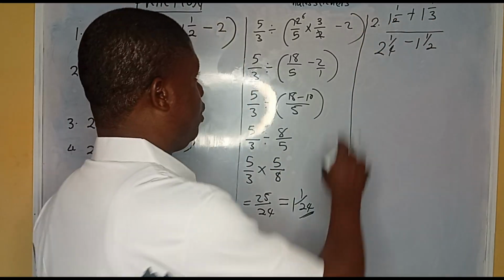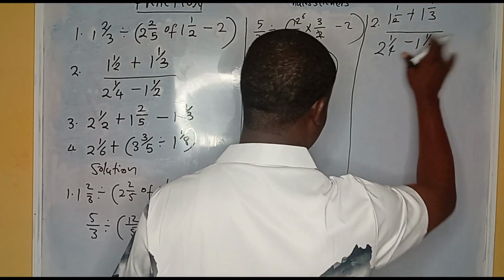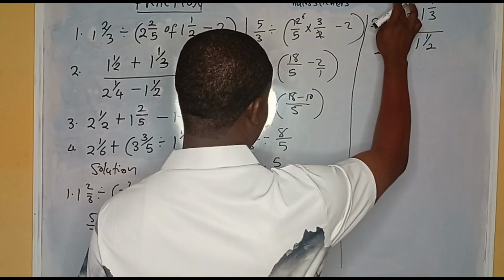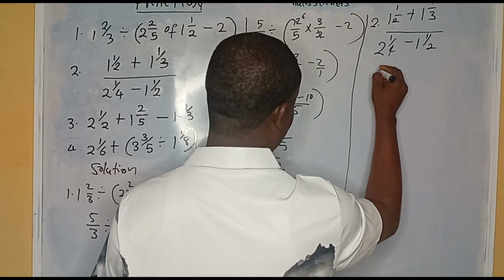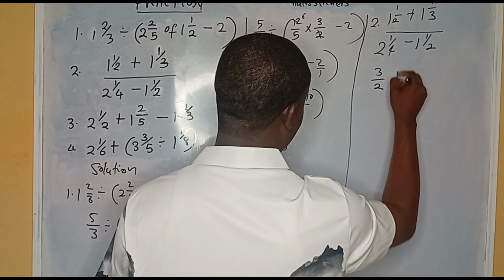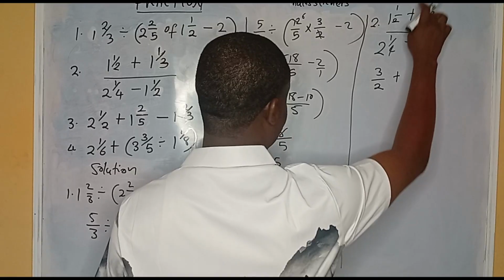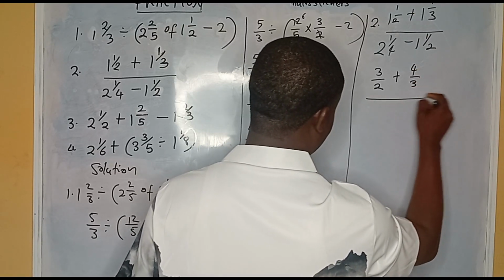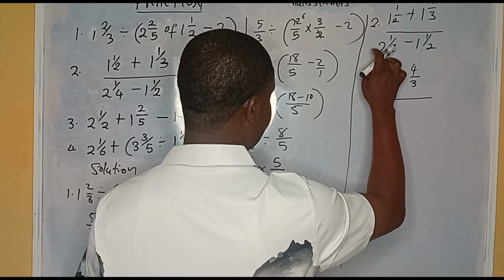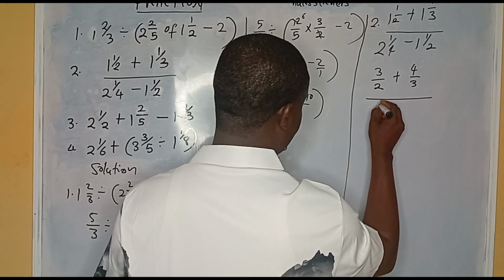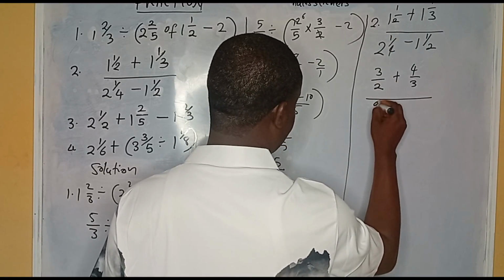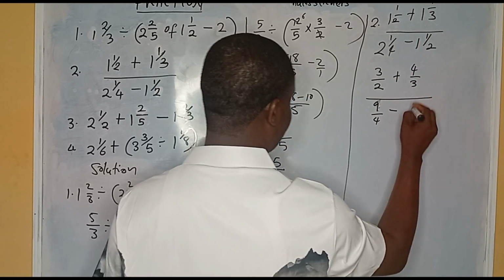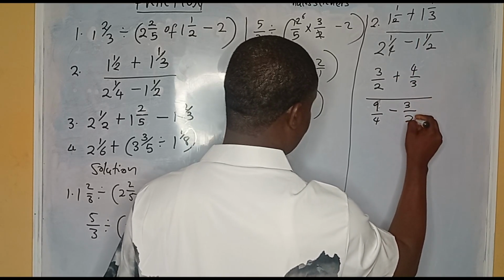But first of all, we're having mixed fractions, so let's convert them to improper fractions. So we're going to have 2 times 1 is 2 plus 1 is 3 over 2, plus 3 times 1 is 3 plus 1 is 4 over 3, divided by 4 times 2 is 8 plus 1 is 9 over 4, minus 2 times 1 is 2 plus 1 is 3 over 2.